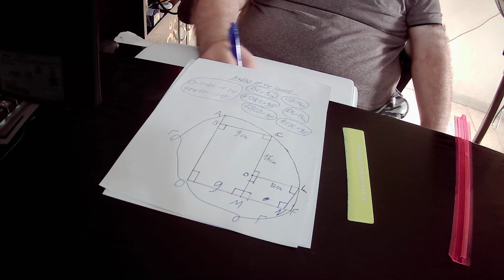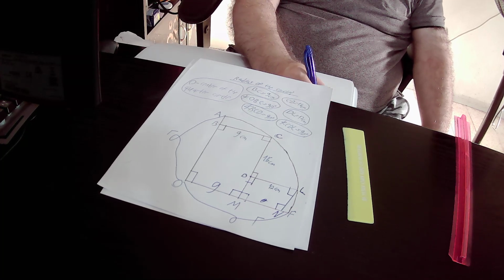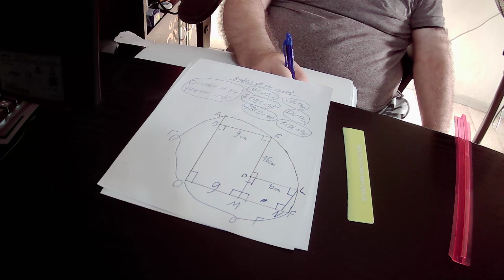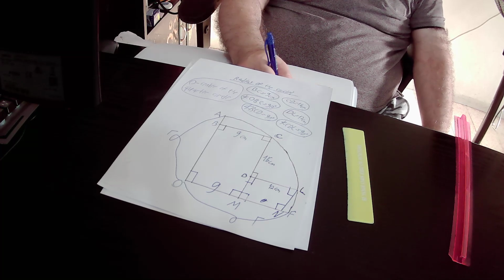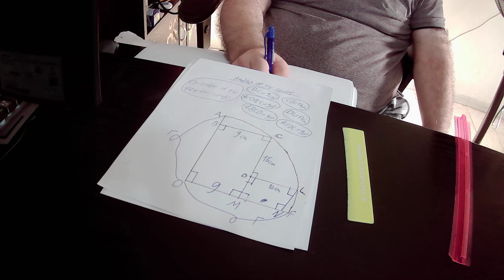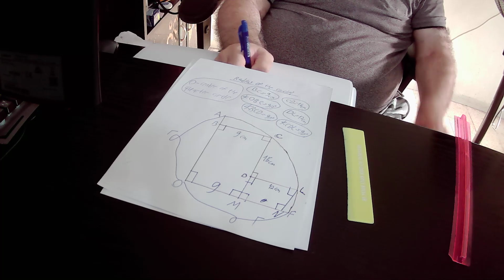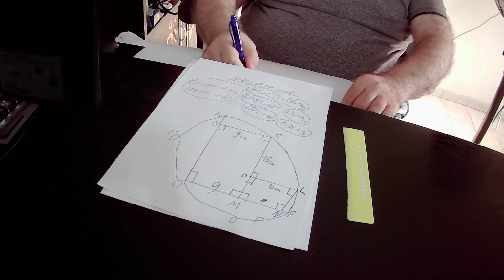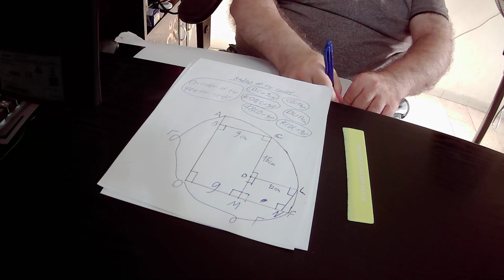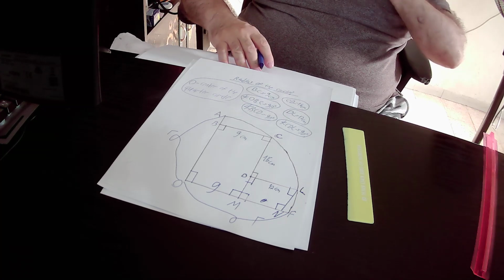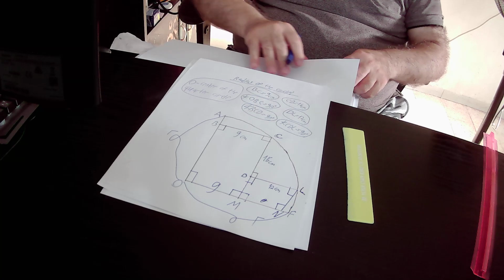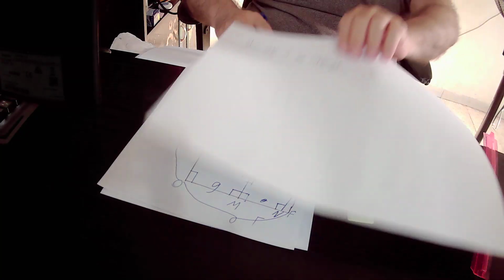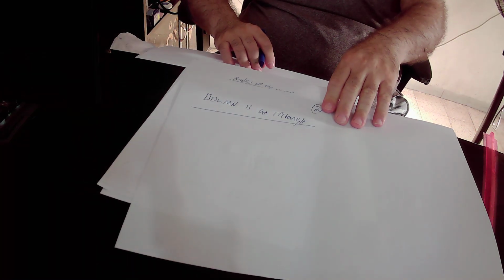So we will relate to quadrilateral DLMN as a rectangle. Repeat again, quadrilateral DLMN is a rectangle.